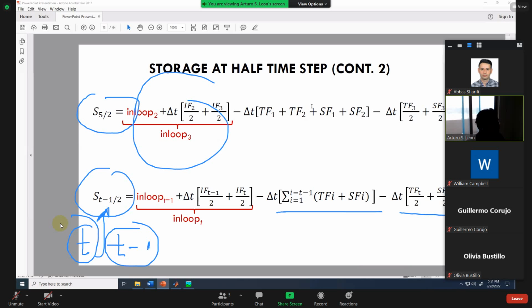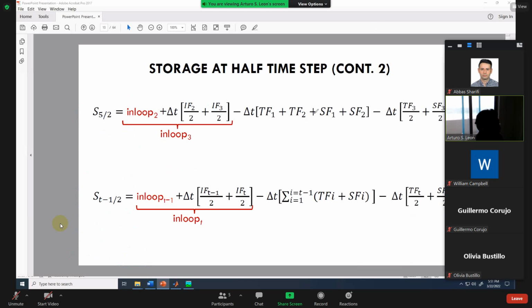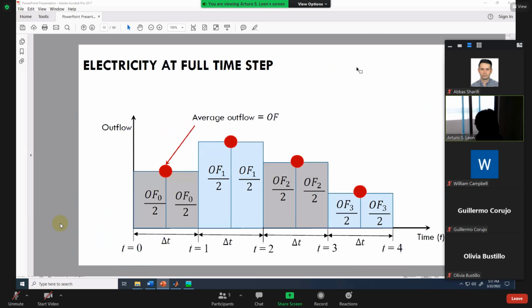Okay, guys. Then we continue this. Now the electricity we also evaluate at full time step. You might ask why? Because the electricity depends on the outflow, right? It depends on how much power is passing to the turbine.